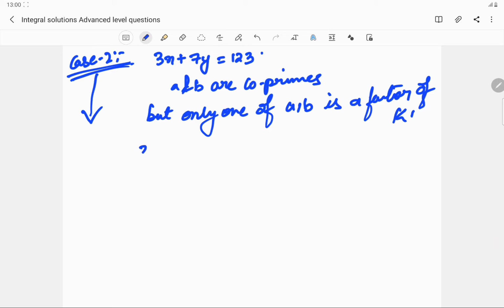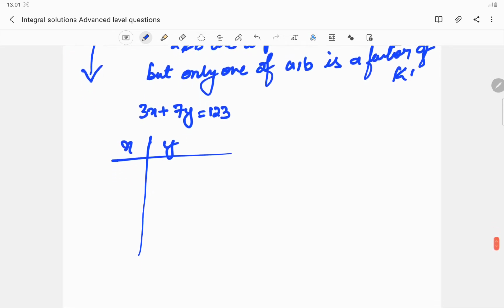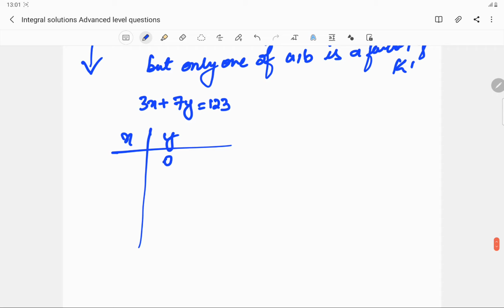So the given equation is 3x plus 7y is equal to 123. So again by tabular form, method 1, say x, y. What happens if we take x as 0? Let us understand this first.